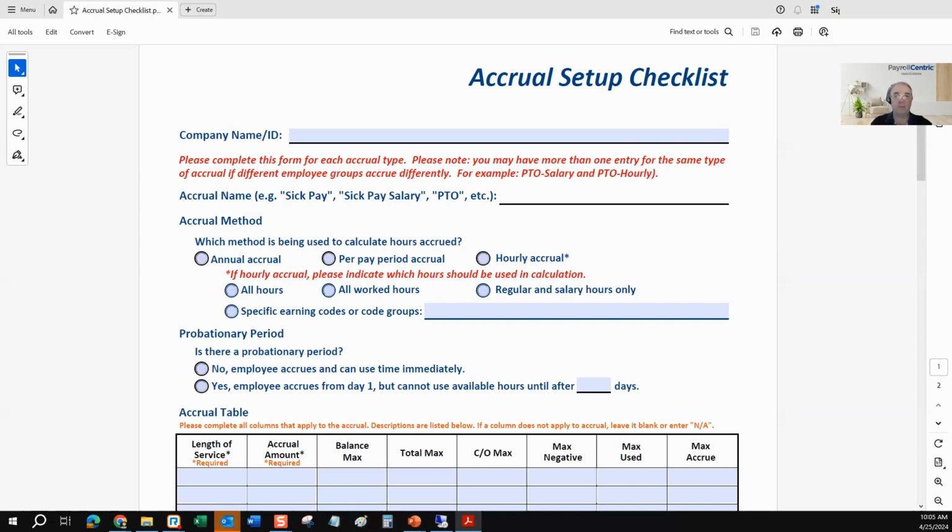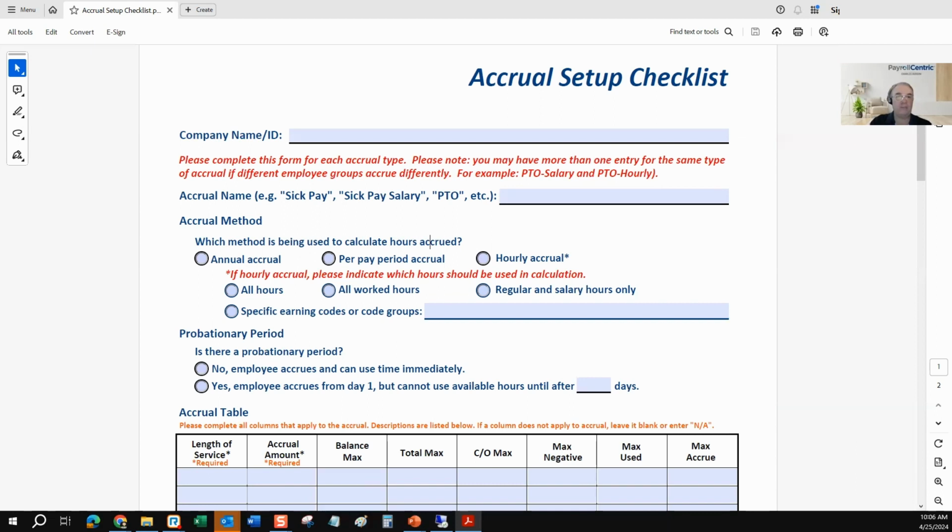So you have a PTO policy, and whether you use a sick code or a vacation code in payroll, they will feed into it. You let us know that's what you want, and we can set that up. We will just group those codes together for that purpose. The next thing we have on here is accrual method.